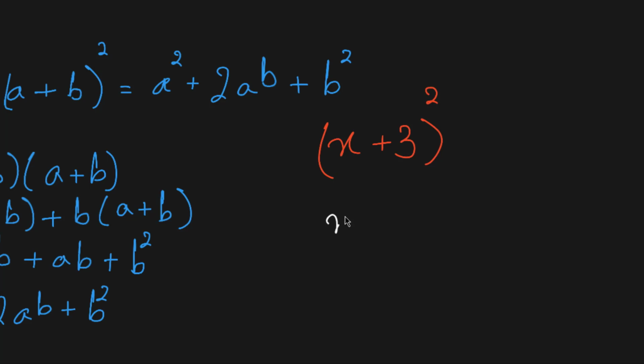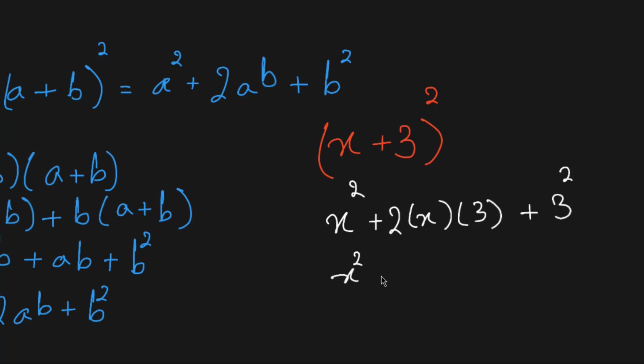So it's first squared, first is x here, so first squared plus second squared, which is 3, so 3 squared, and then plus twice of first, which is x, into second, which is 3. Now let's just simplify it a bit. So x squared plus 2 times 3 is 6, so 6x, and then plus 3 squared is 9. So x squared plus 6x plus 9.